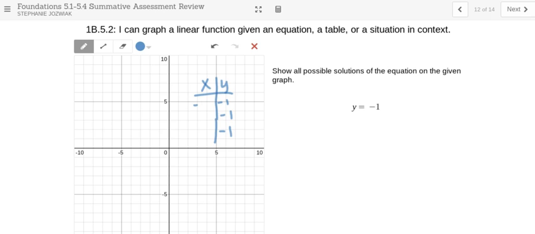So for example, I could pick negative 5, I could pick 0, I could pick 2. It doesn't matter what x values I pick. The y value is always going to be negative 1. So that would be right here, right here, right here. Anything I want that has a y value of negative 1, which means this is going to end up being a horizontal line through negative 1.